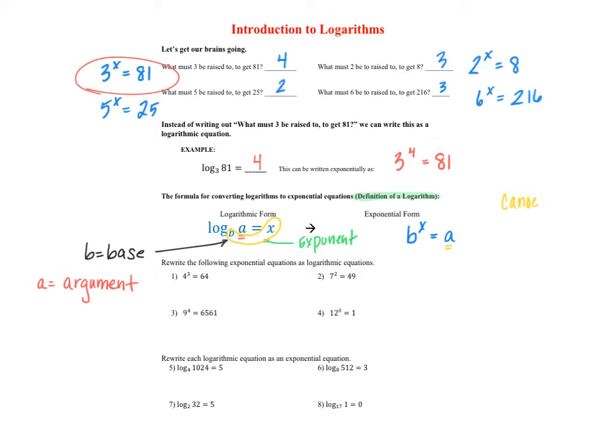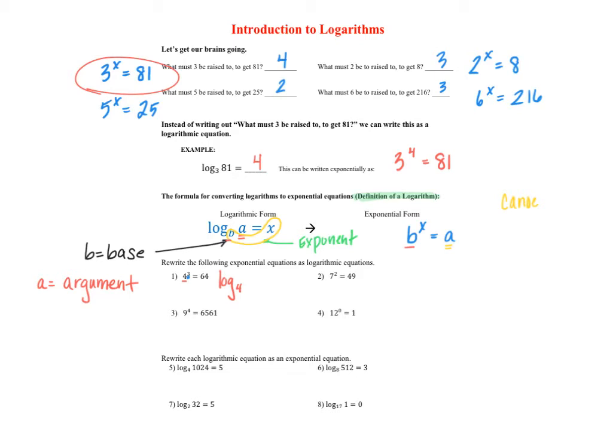Rewrite the following exponential equations as logarithmic equations. Now, the base of my exponential expression is going to be the base of my log. These b's are the same. So I'm going to write this as log base 4. My exponent, my 3 here, is always going to be what my log equals. Logs equal exponents.